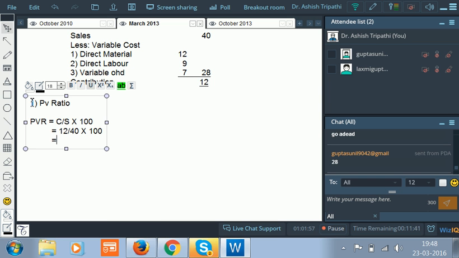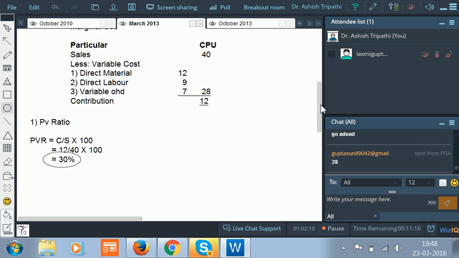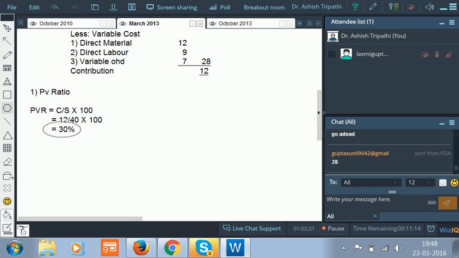So 12 upon 40 into 100 will give you 30%. So we got PV ratio. Let us circle that. We got PV ratio as 30%.